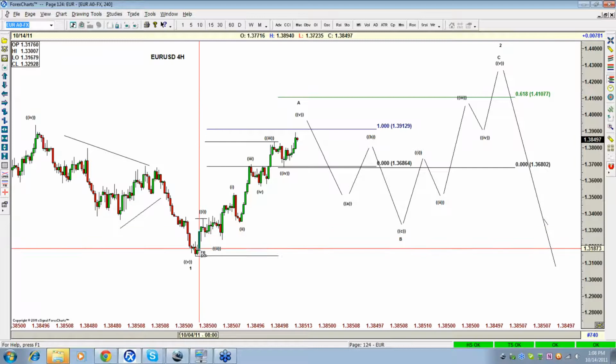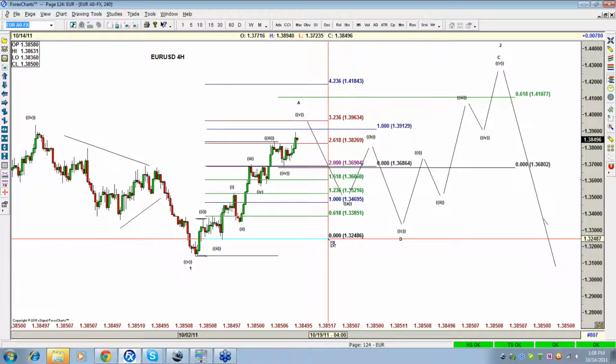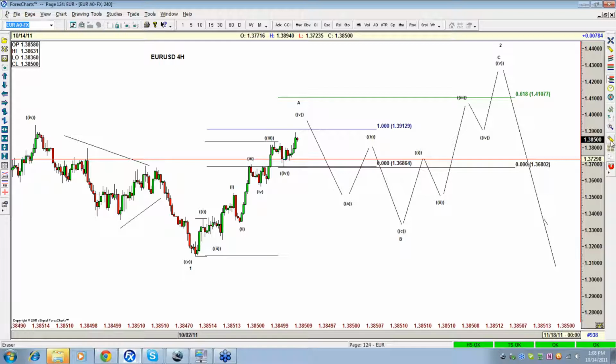Then wave 3 goes to the 261.8 by the peak. No, you don't see that clear 5 waves many times. I guarantee you that. That's as clear as you can get. Right here, you can see 261.8 at the wave 3. It's a beauty, Elliott Wave.